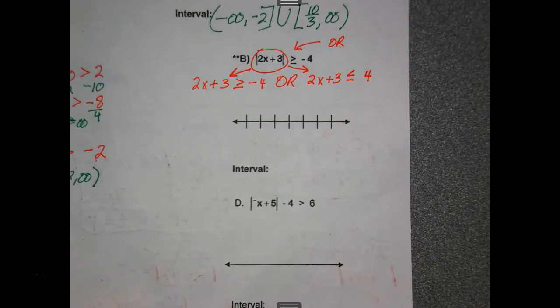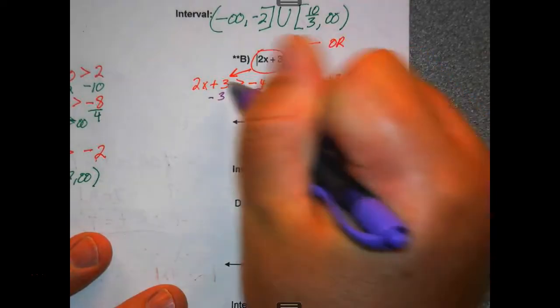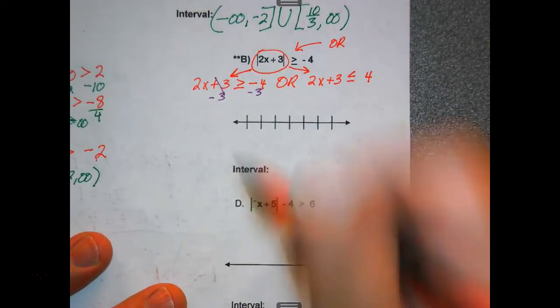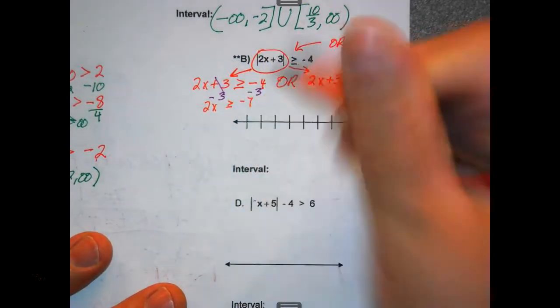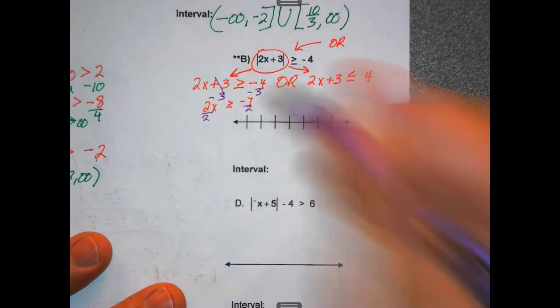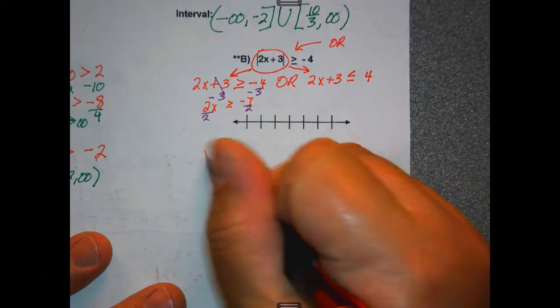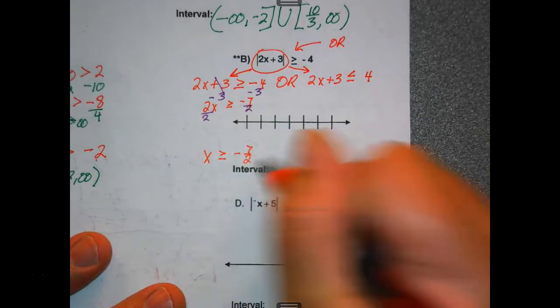Solve each one. Subtract 3, subtract 3. I get 2x is greater than or equal to -7. Divide by 2, divide by 2. I get x is greater than or equal to -7/2.